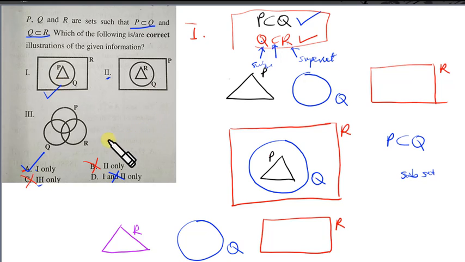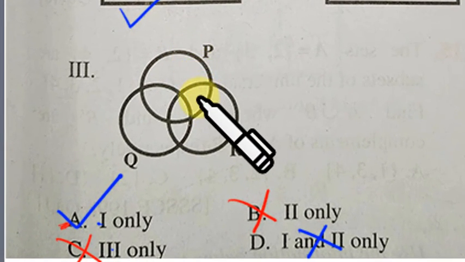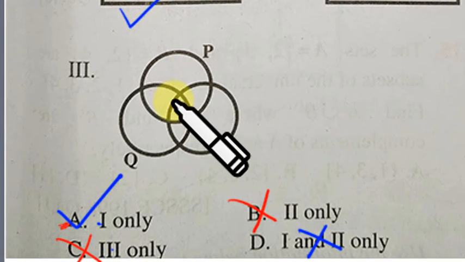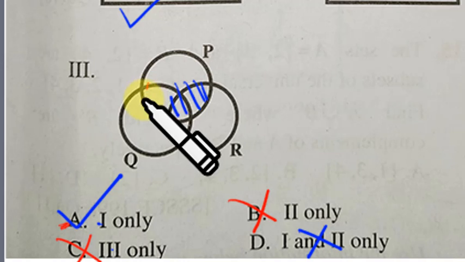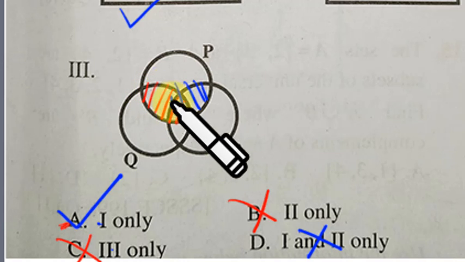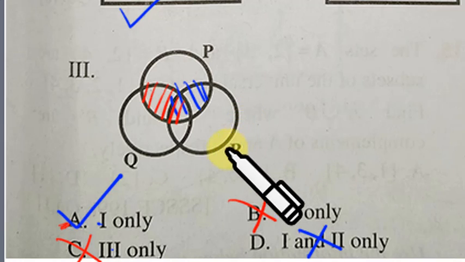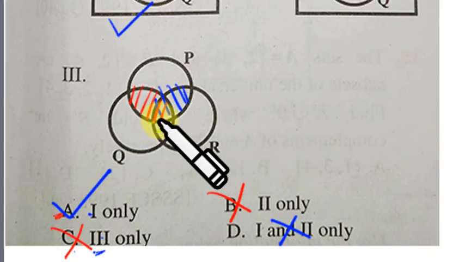Oh, let us look at the III. What does the III mean? If you look at the III, there are some intersections. Example, P and R intersect somewhere here, and we also have P and Q intersecting somewhere here, and then we also have Q and R intersecting here.